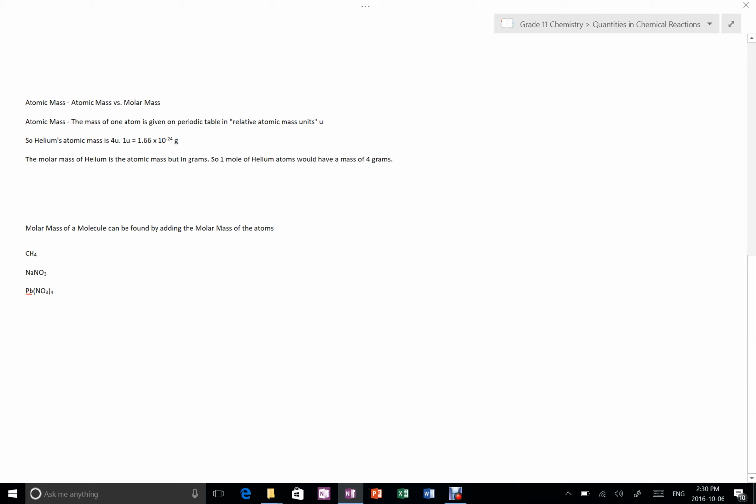Atomic mass versus molar mass then. So when we look at that 12 on the periodic table, when we say carbon 12, that can represent the mass of 1 mole if it's in grams, or it can represent the mass of 1 atom. And if that's the case, then we say that 12 is in relative atomic mass units. Relative atomic mass units work out to be 1 U is equal to 1.66 times 10 to the negative 24 grams.